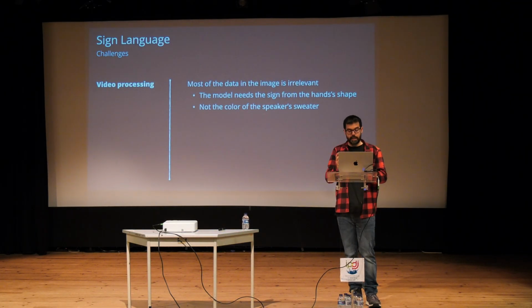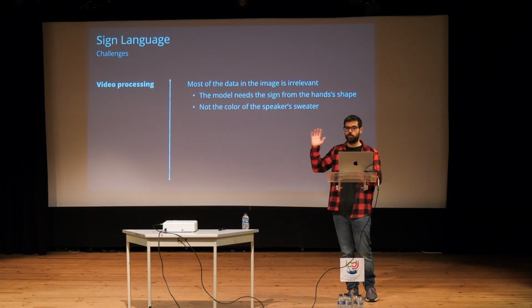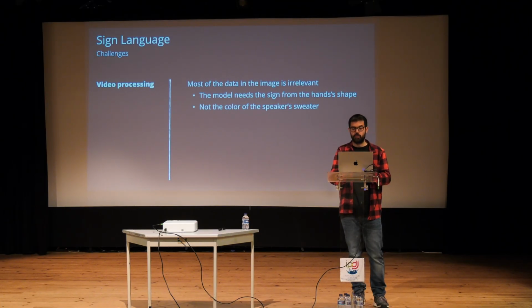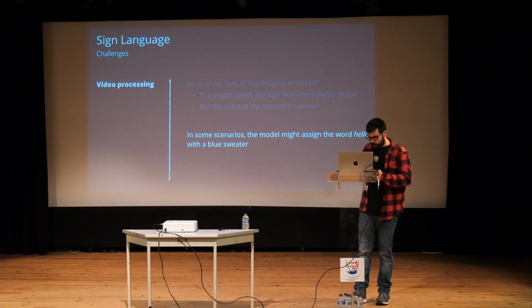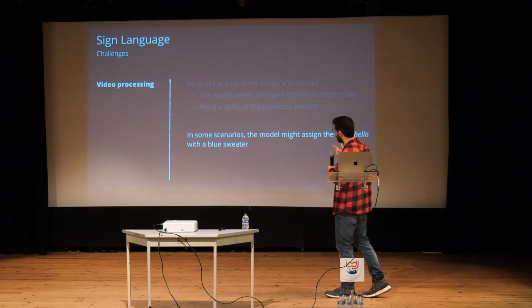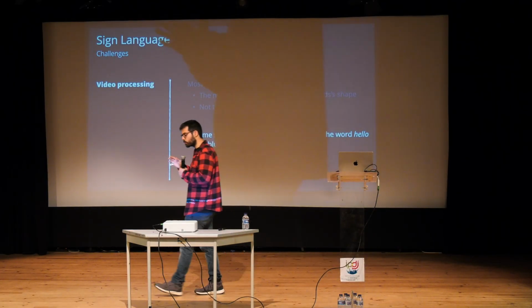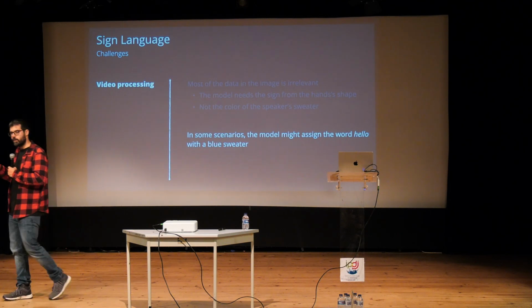So, if you look again at the image, and you've got a frame of the video, most of that video is irrelevant. I just want to care about the hand. I don't want to know that person's sweater. I don't want to know the background. The first attempt that I made to try to replicate a hello gesture, I was really happy with the results until I realized that it was only working with that sweater.